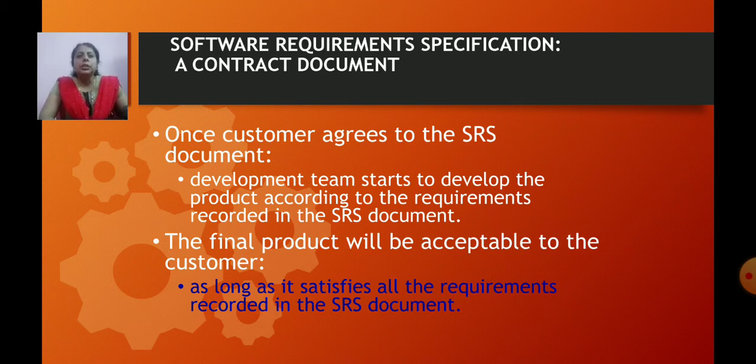After completion of the product, testing takes place and the product will be acceptable if it satisfies all the requirements recorded in the SRS document. The engineer has to develop the product as specified in the SRS document.